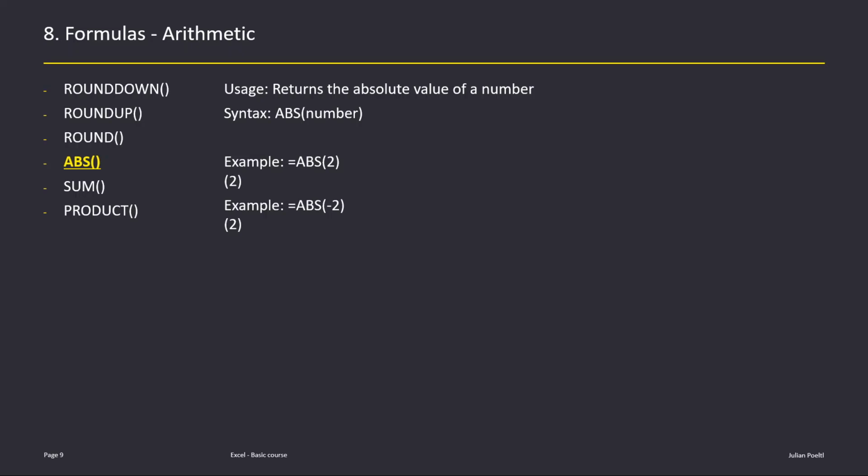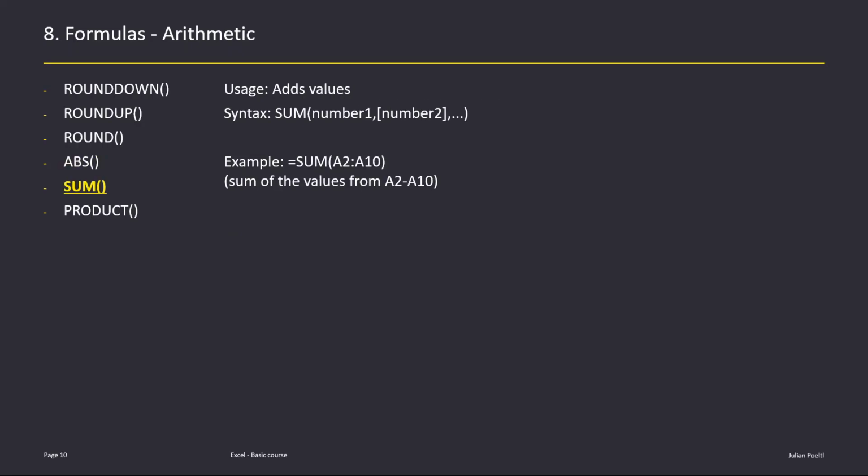So the ABS function returns the absolute value of a number, so negative numbers will become positive numbers and positive numbers stay positive. So ABS(2) outputs 2 and ABS(-2) also outputs 2.